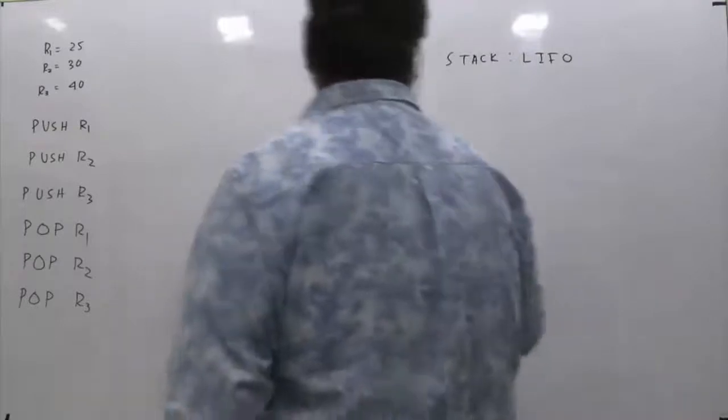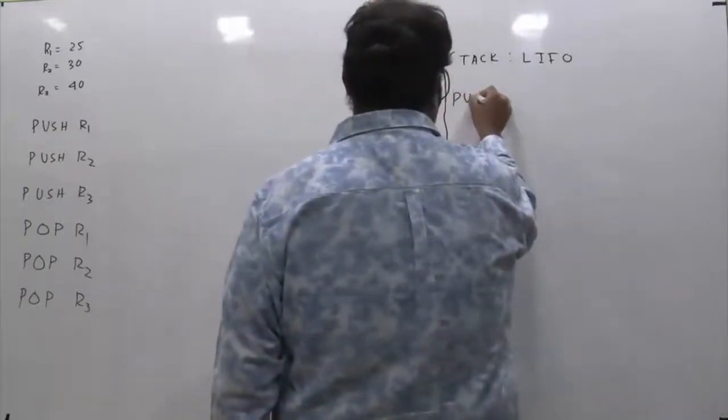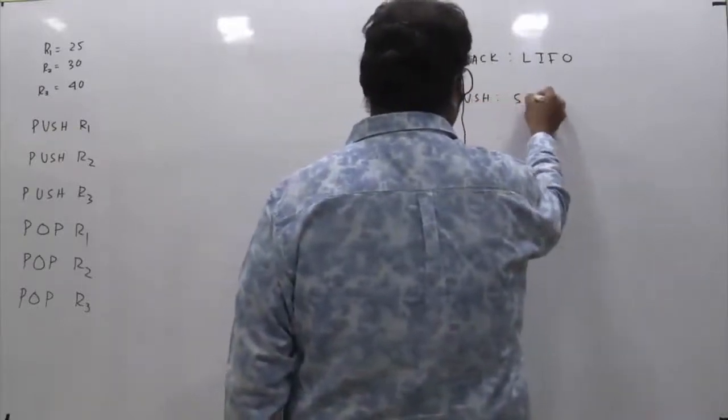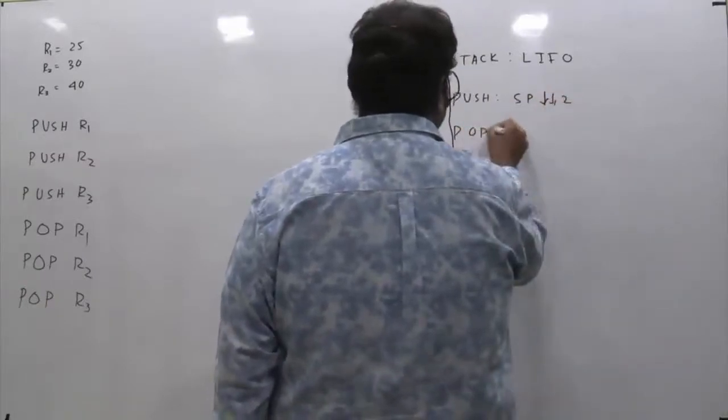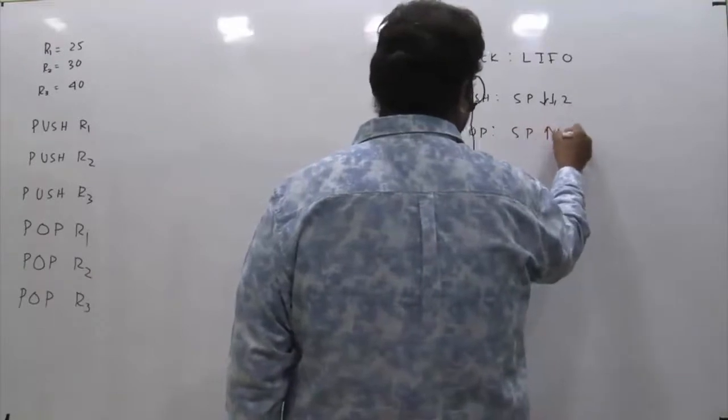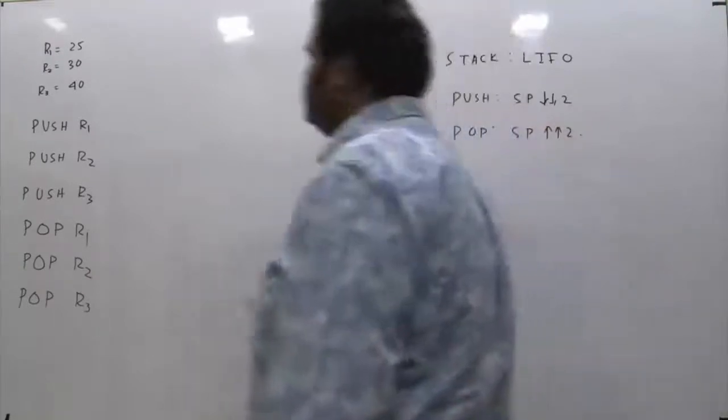You should also know that in push instructions the stack pointer is decremented by 2, and in pop instructions the stack pointer is incremented by 2. So this is what normally happens.